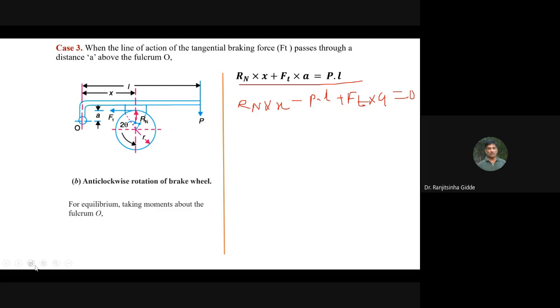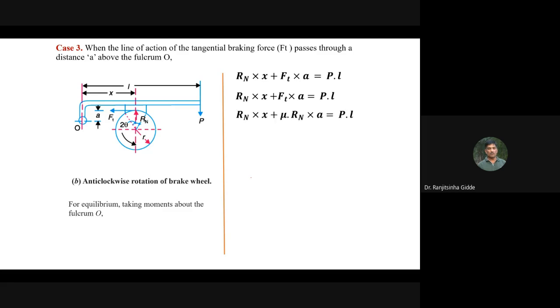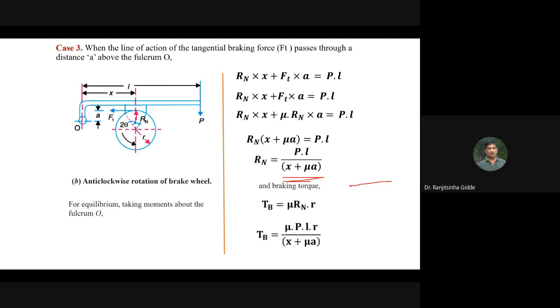Then this is next. So what is the sign? Here a plus sign is there, and the braking torque is equal to this.